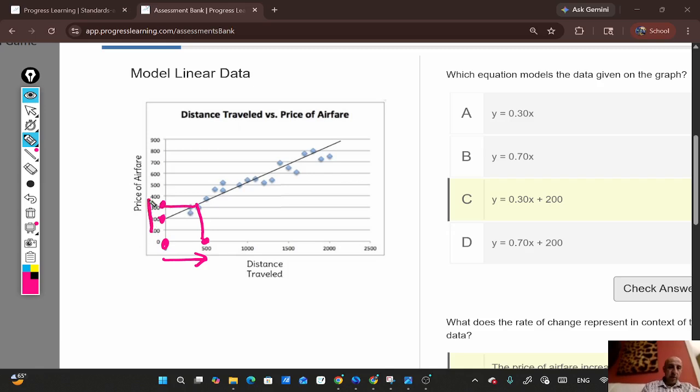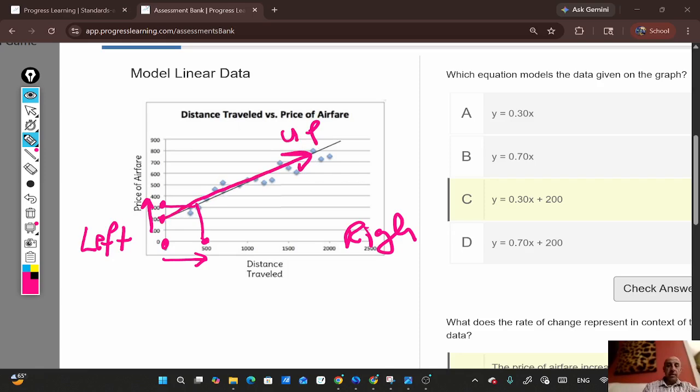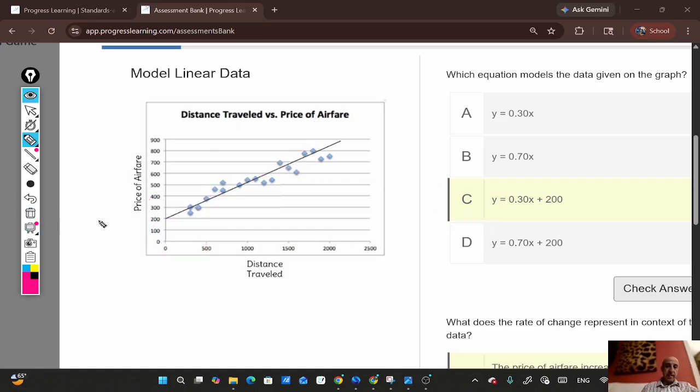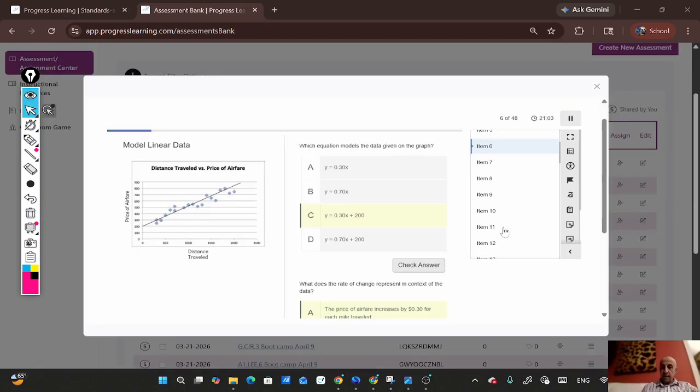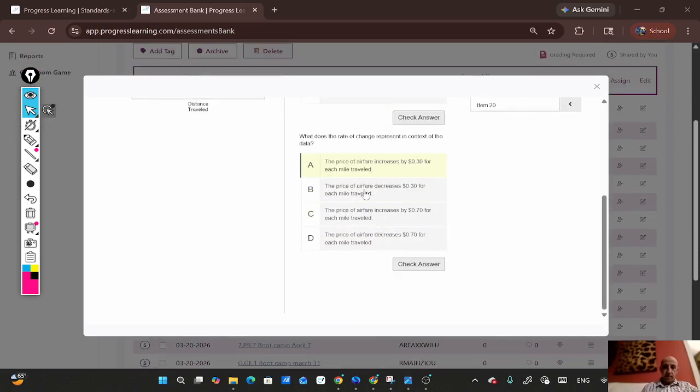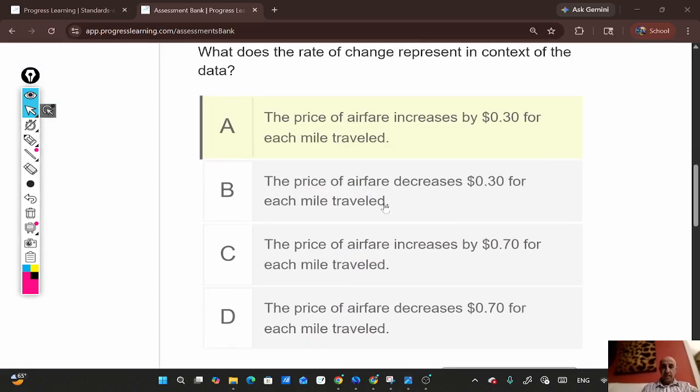So here y is increasing. Another thing we can say is that anytime the graph goes from left to right and is going up, that means there is an increasing relationship or correlation. So in this case, option B is not right.